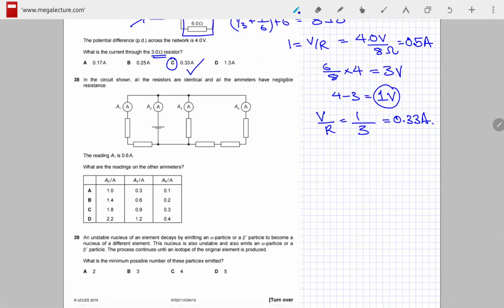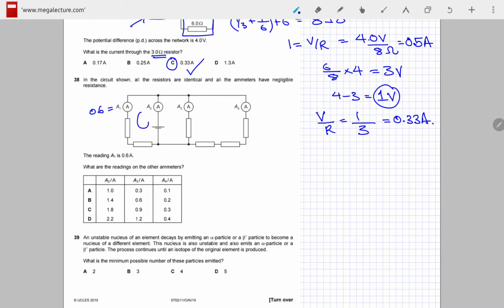Next we have this circuit in question number 38, and all the resistors are identical and all the ammeters have negligible resistance. We're given that the reading on ammeter 1 is 0.6 amperes, and we're asked what are the readings on all the other ammeters. So if the reading on ammeter A1 is 0.6 amperes, let's just write that down, we can use Kirchhoff's second law in the first loop of this circuit.